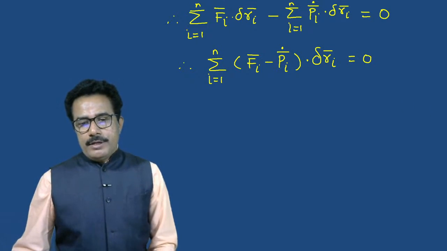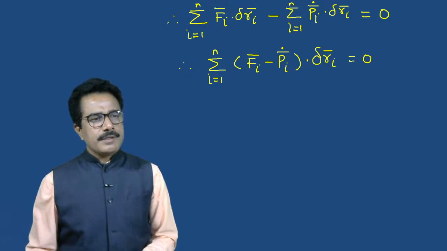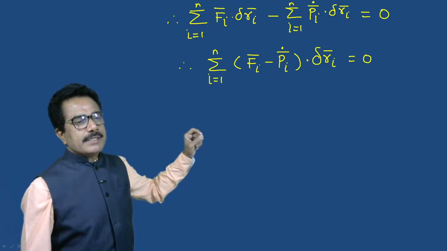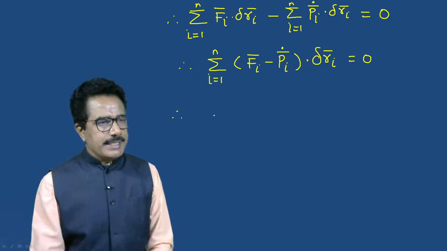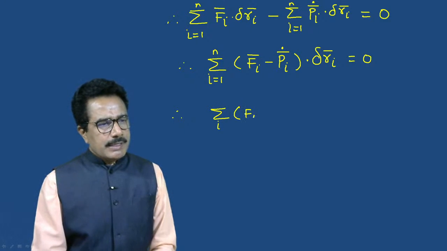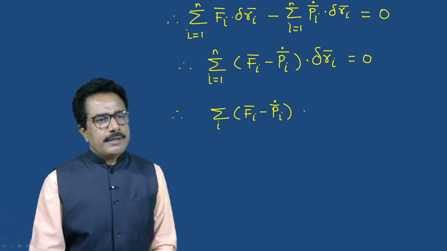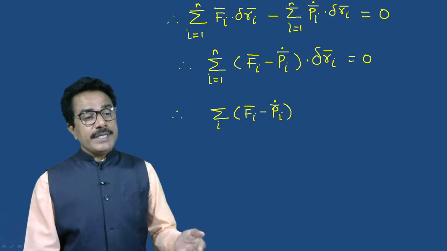Here pi bar dot means the rate of change of linear momentum.